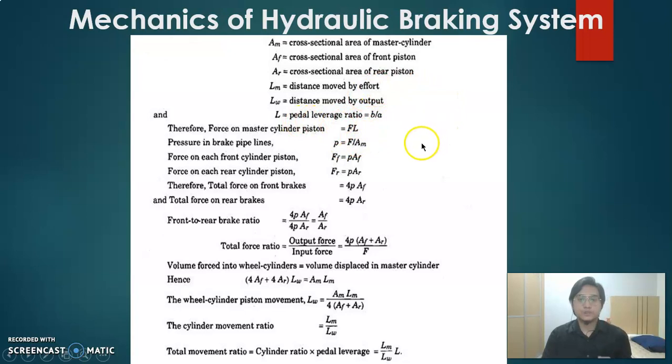So this is the equation used to calculate the area of the front piston and the rear piston. You can find pressure and force here to get the desired size and the optimum braking effect.